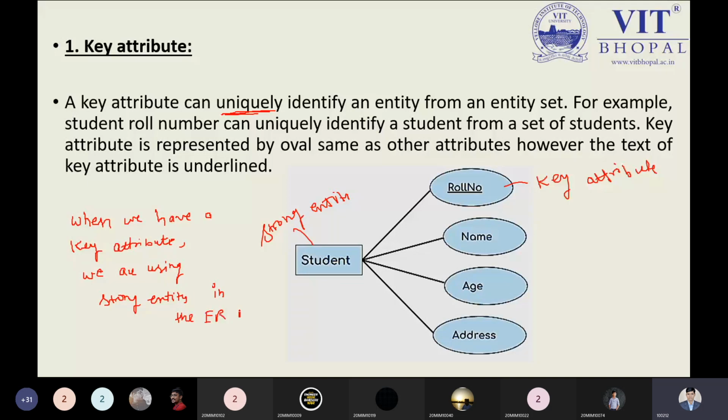Such entities which are supported by key attributes are recognized as strong entities. This is the point you have to keep in mind.